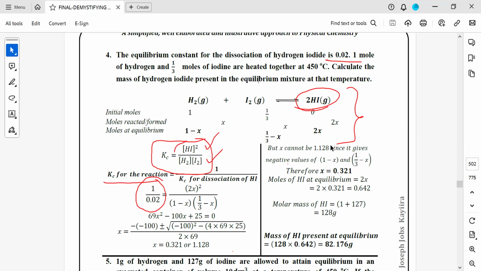But now you're carrying this component here to equate it to the Kc. So these variables here, we need to see them in your working, how you obtain them. Because you see this 1 minus x is what we have here. 1 over 3 minus x is what we have here. 2x is 2x squared.